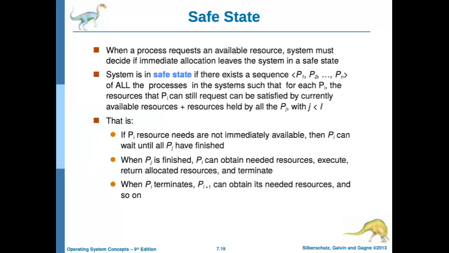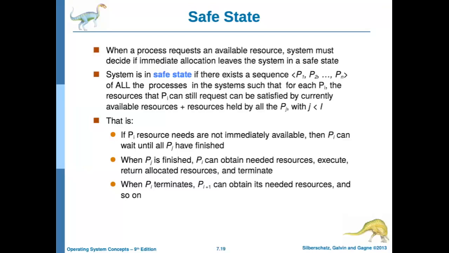If we can satisfy the resource request by any process Pi, looking at the currently available resources plus the resources held by other processes Pj, where j is less than i. So if in the sequence I am talking about, say, P5, then for whoever is coming in that sequence before P5, if we can satisfy the request, then the system is in safe state.